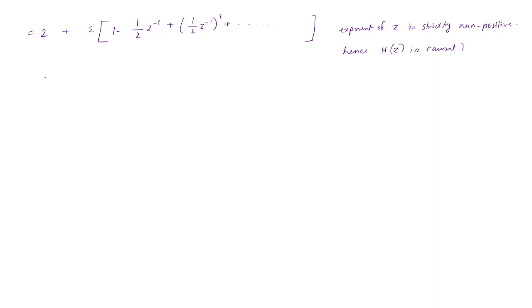So the expression of H(z) that we are getting is causal, whose impulse response can be given as this, starting from 0, minus half, 1 by 4, minus 1 by 8, like that.